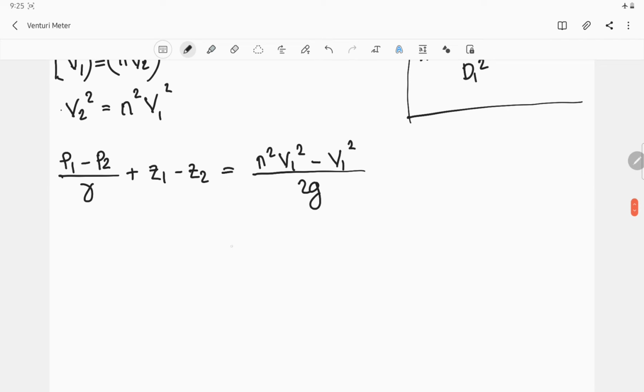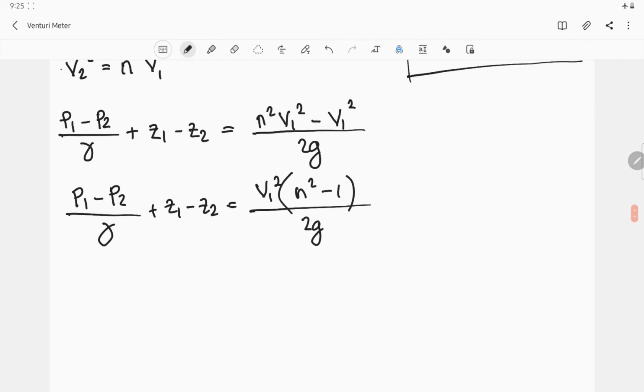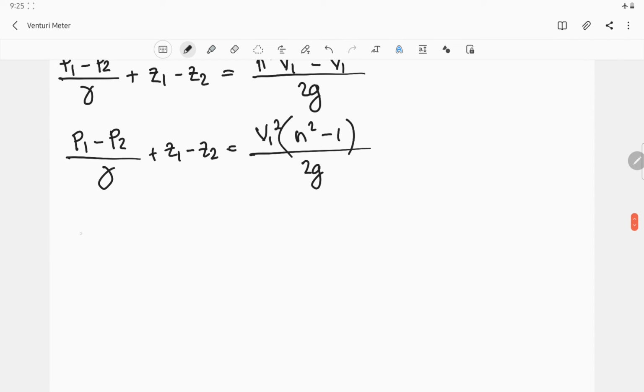So we can factor out the V1 squared: N squared minus 1 over 2G. Okay, so in this way we can extract V1.